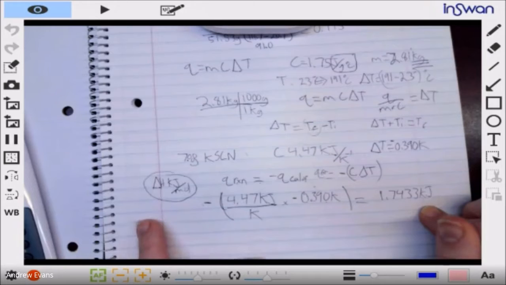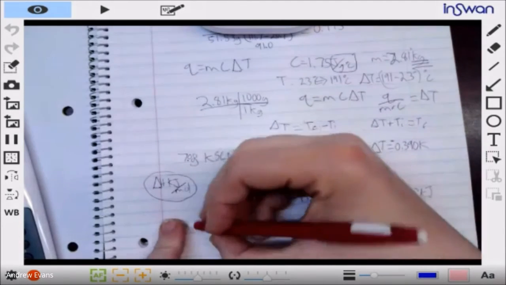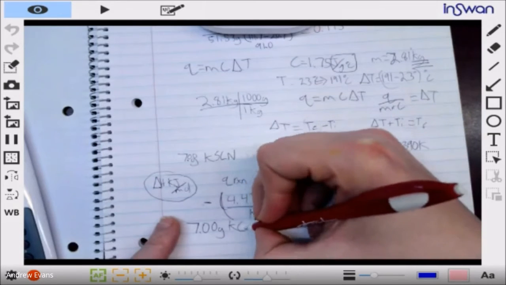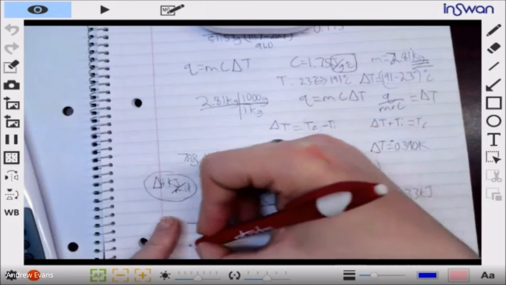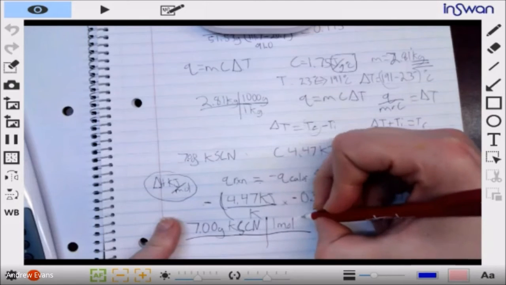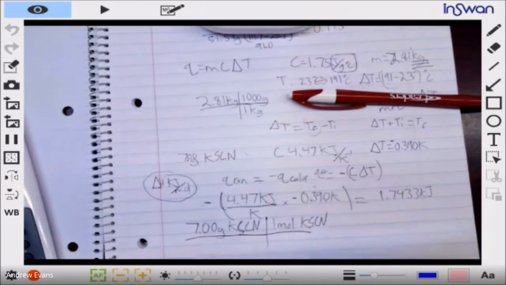To get the moles of KSCN dissolved, we're going to have to use our mass and the molar mass of KSCN. So we have 7.0 grams of KSCN. Let's look at the molar mass. We have to calculate it. K, if I'm not mistaken, is 39, but we'll double check that. Hooray, K is 39.